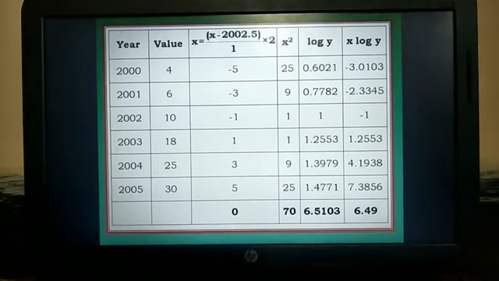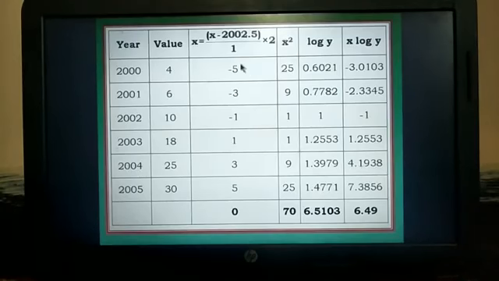In a similar way, when we substitute 2001, 2, 3, 4 and 5 respectively, we are going to get all these x values. You already know this procedure from previous weeks' video classes. And here the sum of x is equal to 0: minus 5, minus 3, minus 1, 1, 3, 5.